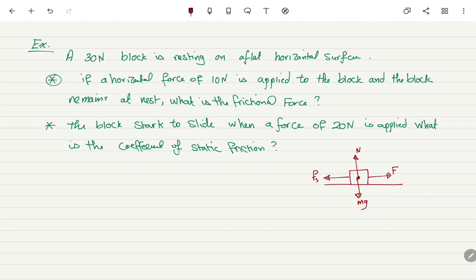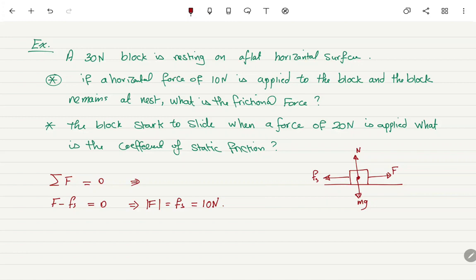In this case, the sum of all forces, since it's resting, is equal to 0, which means F minus Fs equals 0. So F equals Fs, which is equal to 10 newtons.